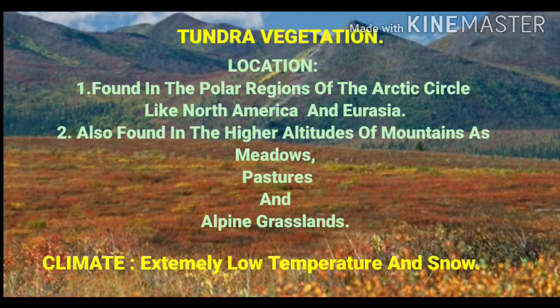The next type of vegetation is the tundra vegetation.